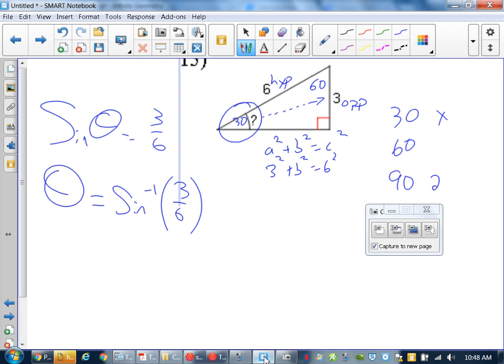This was x and this was 2x. This is half of that. That's what I was getting at. So this is one of those things that if you forget this, the trig will still work.